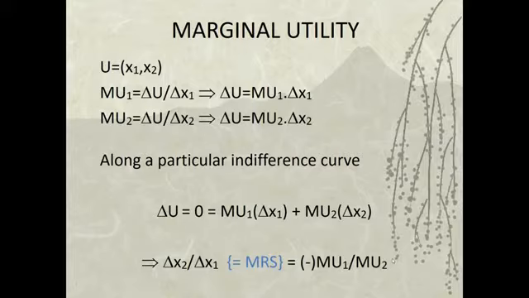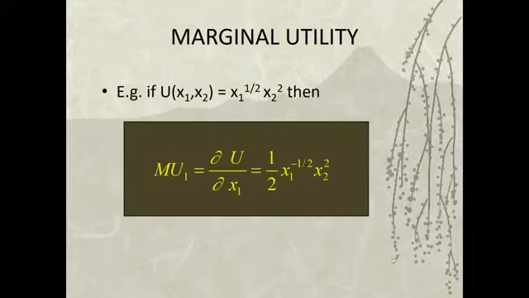When I speak about the x1 commodity, I'll make the x2 commodity constant. So that is why it is called a partial derivative. Along a particular indifference curve, you have this particular format, so your marginal utility and other things. This is the kind you can see in the textbook.